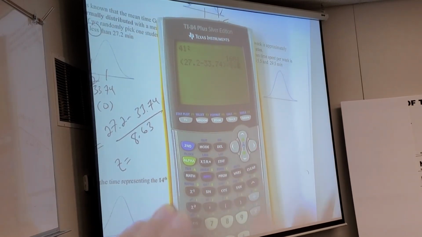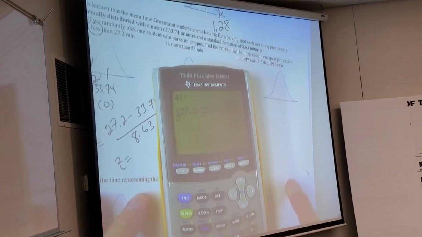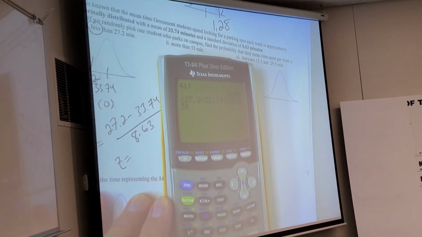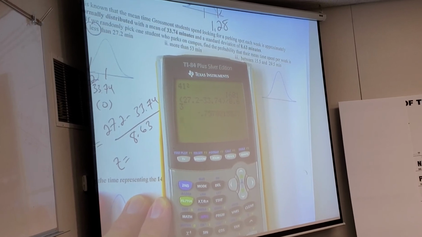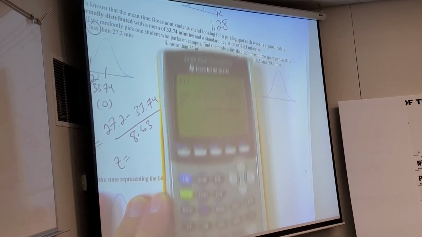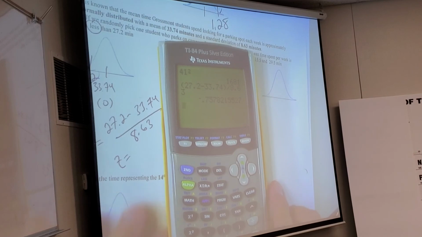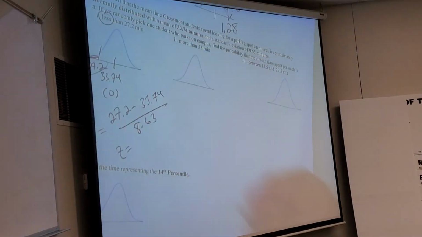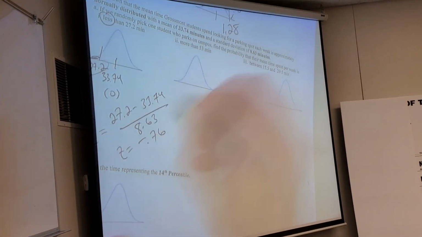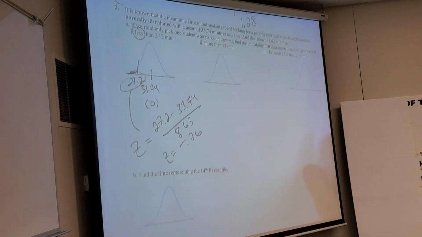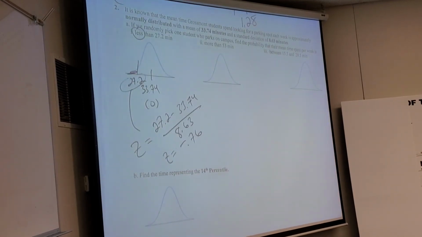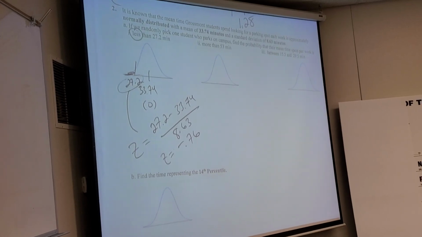You gotta put the whole number in there. There you go. So tell it what the top is. So what do I put down? Negative 0.76. Round that. So this is what I was talking about. We have to round, but we're not going to get the exact right answer.